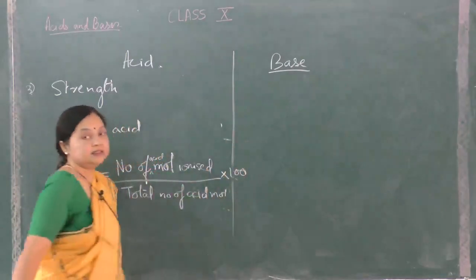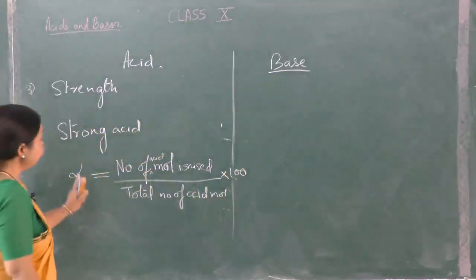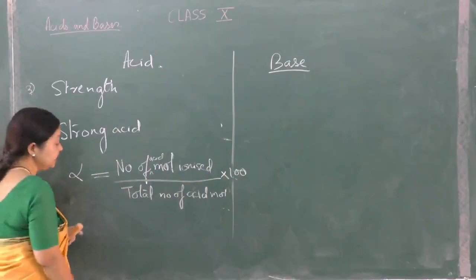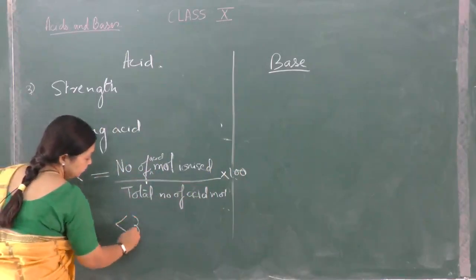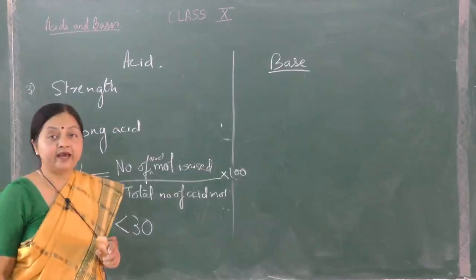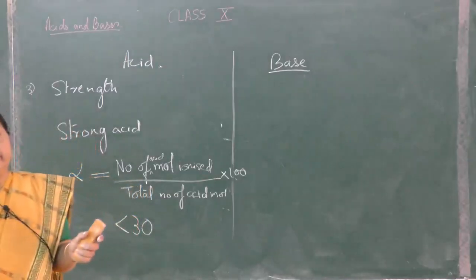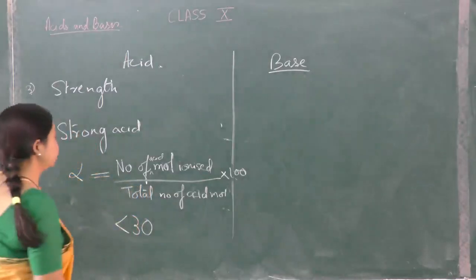This is the degree of dissociation. If the degree of dissociation is less than 30, then it is a weak acid, and if it is more than 30, then it is a strong acid.